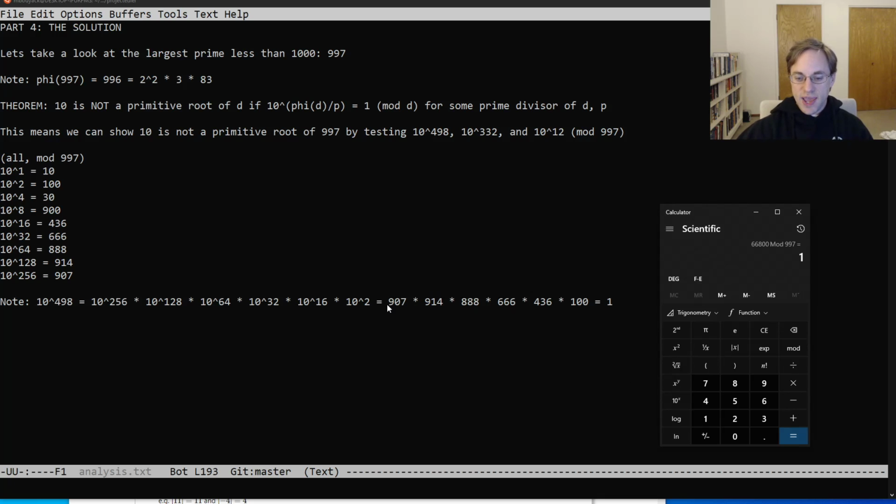But if you were doing this by hand, you would probably want to multiply two of these together, do the mod, and then repeat the process here. With the magic of technology, we can just do 10 to the 498 mod 997. Boom, done. Way easier.